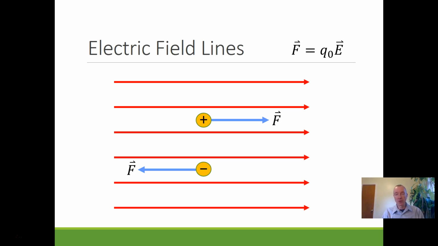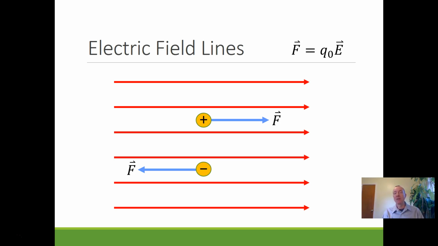We don't see the source. I guess you could imagine that there's positive charges on the left and or negative charges on the right would cause an electric field line pattern going from left to right.